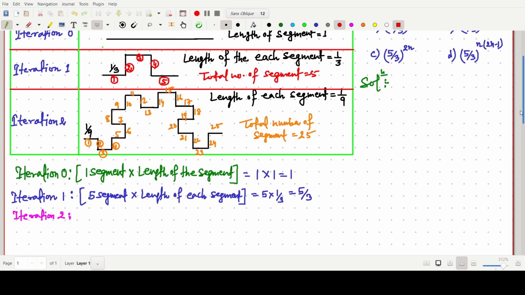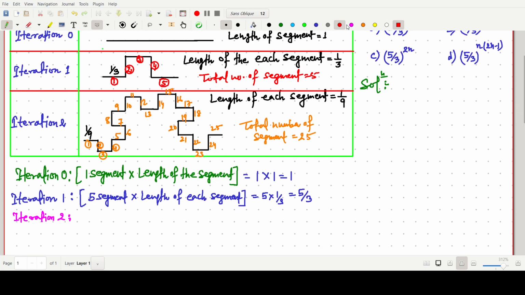So here we can write: 25 segments are there for iteration 2 into the length of each segment.